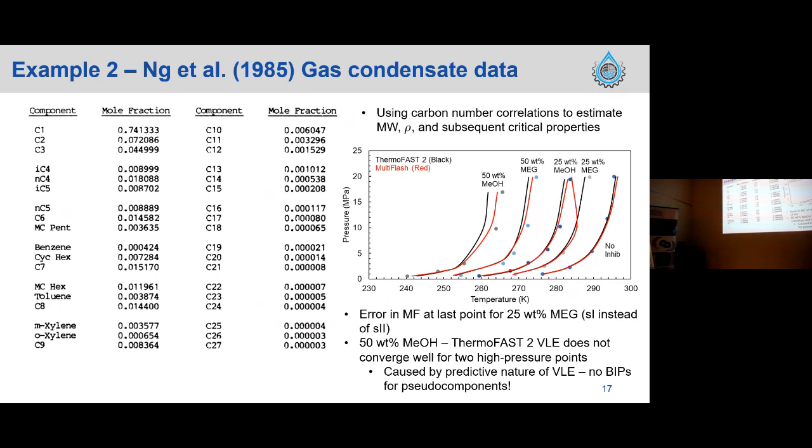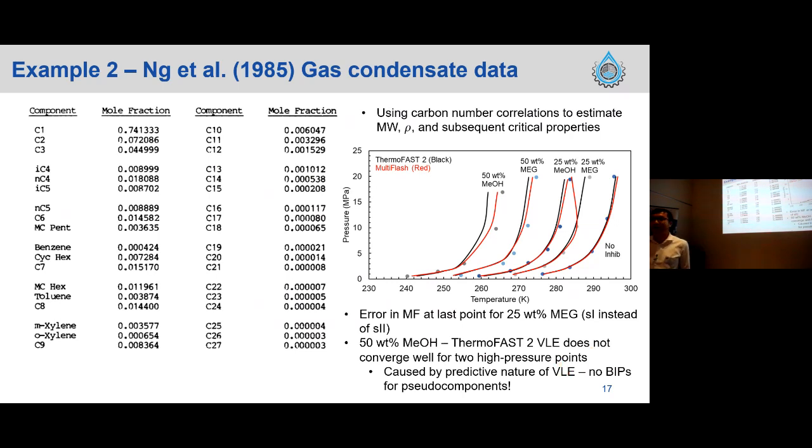In terms of the drawbacks of ThermoFAST 2, you can see that at 58% methanol, the deviation is higher for these high pressure points. That's because we're still working on improving our VLE flash for these high concentrations of inhibitors, and this is also caused by the predictive nature of the model in terms of the vapor-liquid equilibrium.